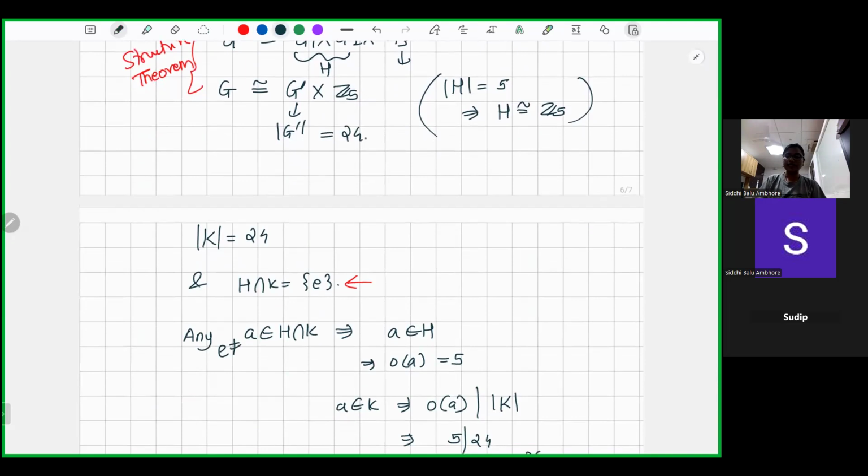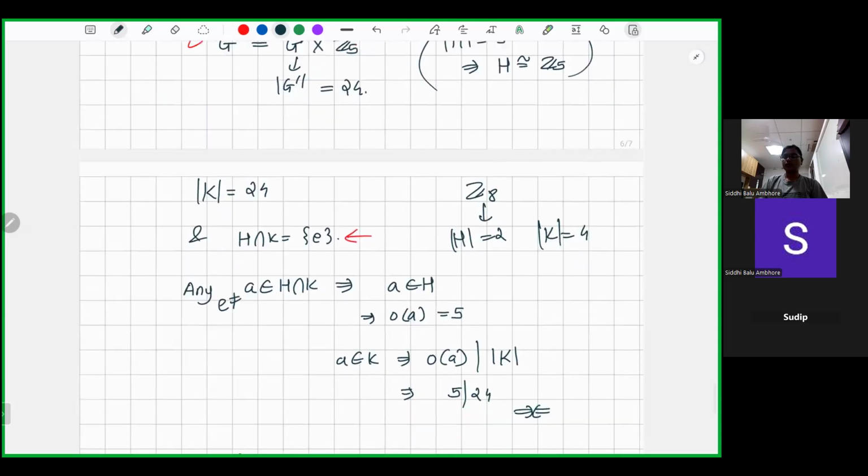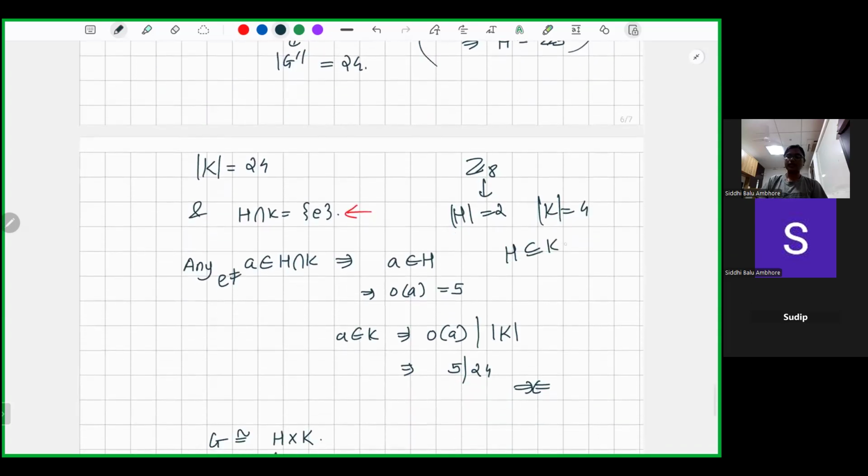For example, if I take Z8, and I say that H is a group of order 2 and K is a group of order 4, there is a very real possibility that H could be contained in K. In that case, Z8 cannot be isomorphic to H cross K, because Z8 is cyclic, generated by 1.